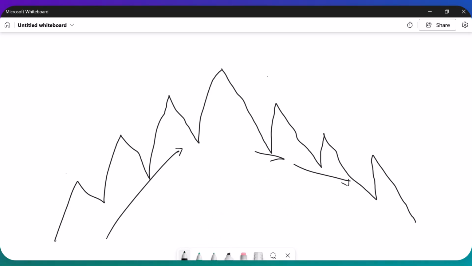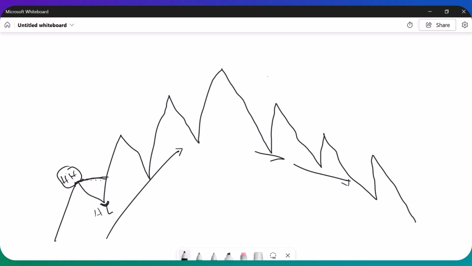For a bullish trend, like I said, price forms higher highs and higher lows. For the higher low to be valid, price needs to break structure. So price needs to break this higher high right here.